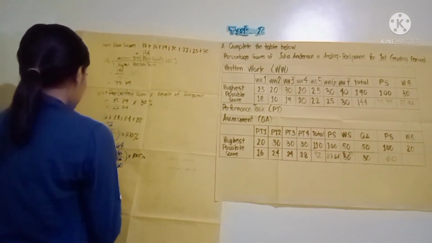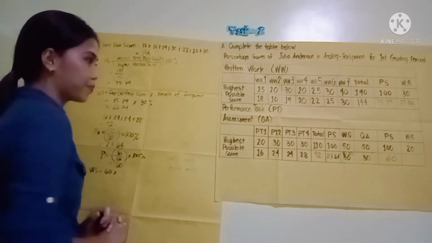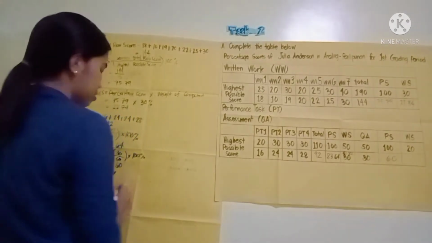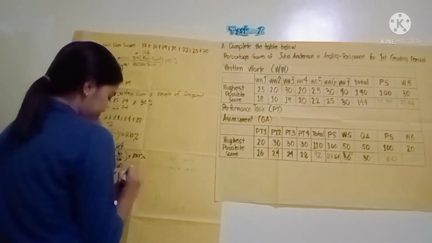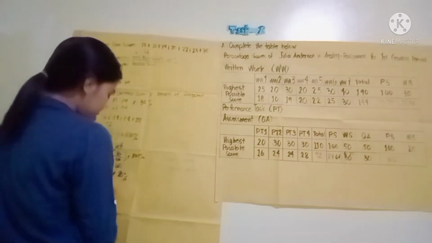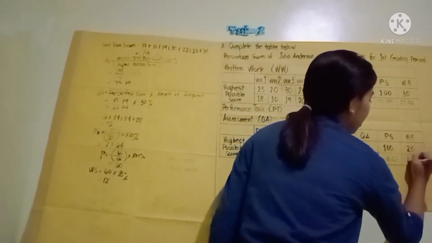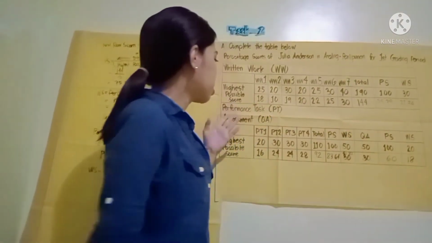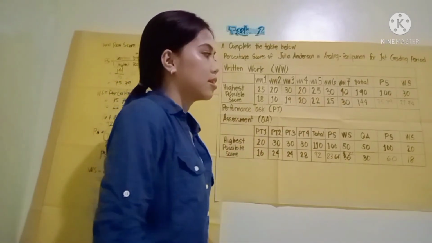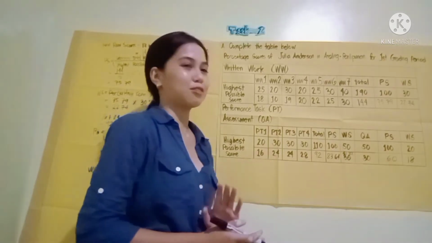So the weighted score equals the percentage score, which is 60, times the weight of component, which is 20%, is equals to 18. So the weighted score of the quarterly assessment is 18. So we're done filling up the blanks. Questions.